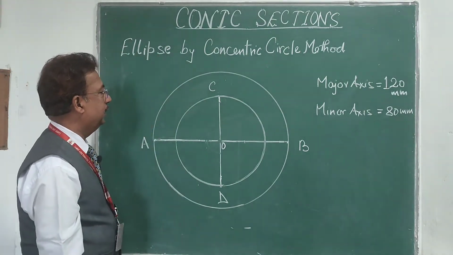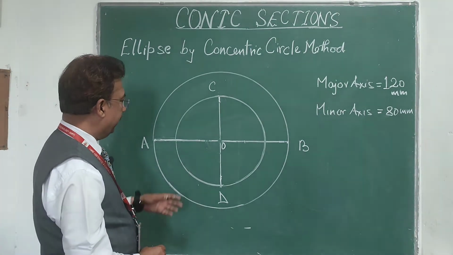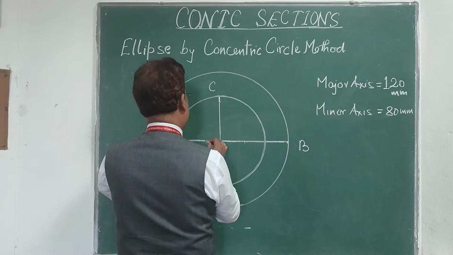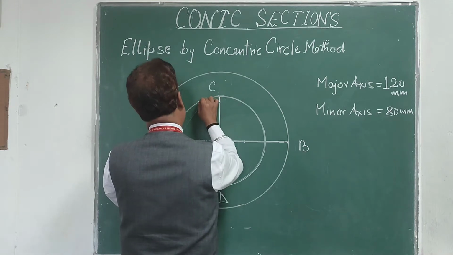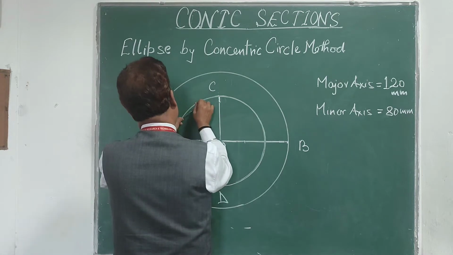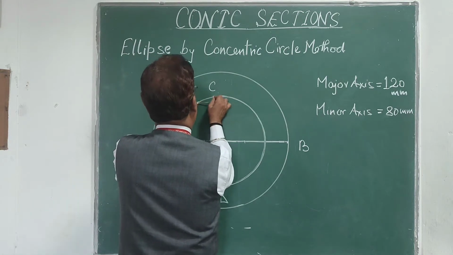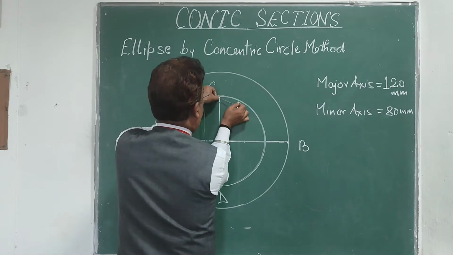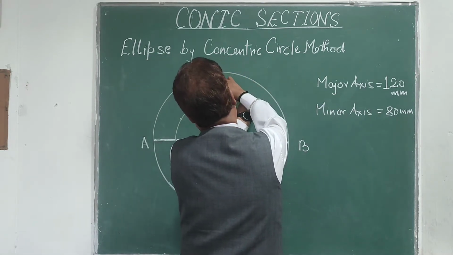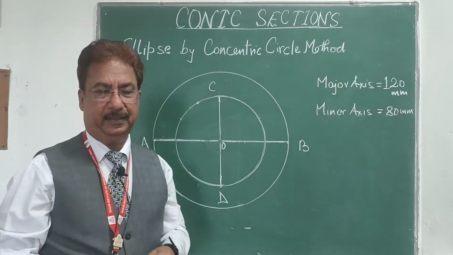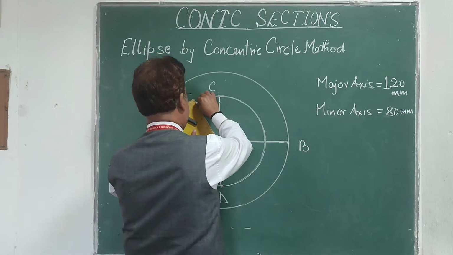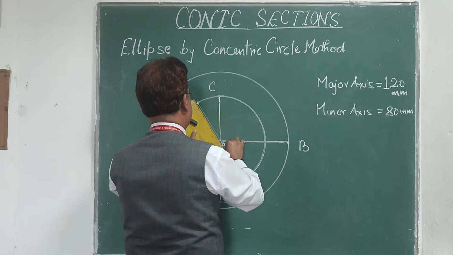After that I am going to divide this small circle into 12 parts. You can use the protractor for dividing it in 30-30 degree angles, or you can also use the set square that I am using to divide this into 3 equal parts. So we will divide this circle into 12 parts with the help of a protractor, that is 30-30 angle, and draw these lines.